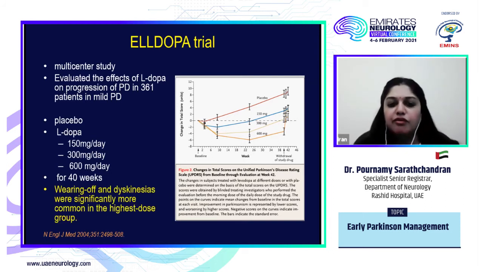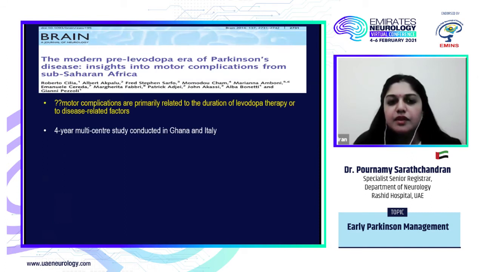And they found out that wearing off and dyskinesias were significantly more common in the highest dose group, indicating that the development of dyskinesias and motor fluctuations has something to do with the dose of levodopa rather than with the type of medication. So another trial came up where they tried delaying the treatment with levodopa.